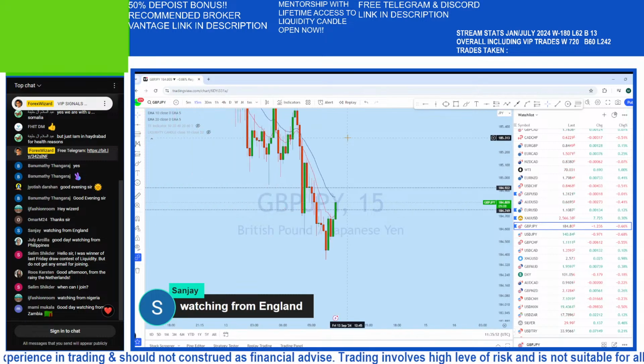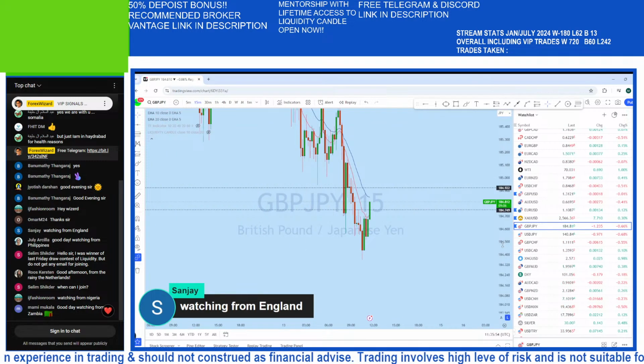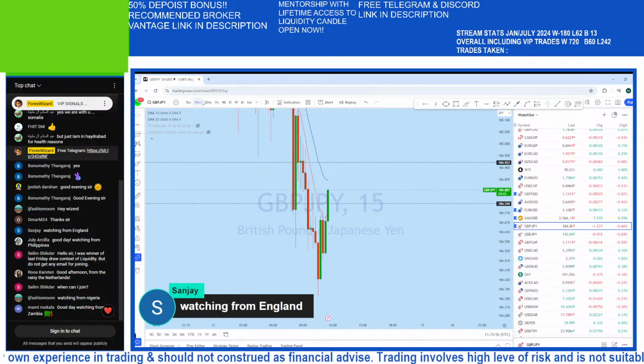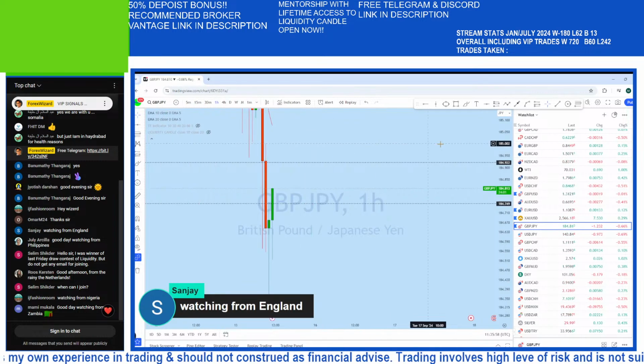We'll see how far it might be going, and then we can expect the market to drop back down again to create a new lower low. Let's see where it is going.